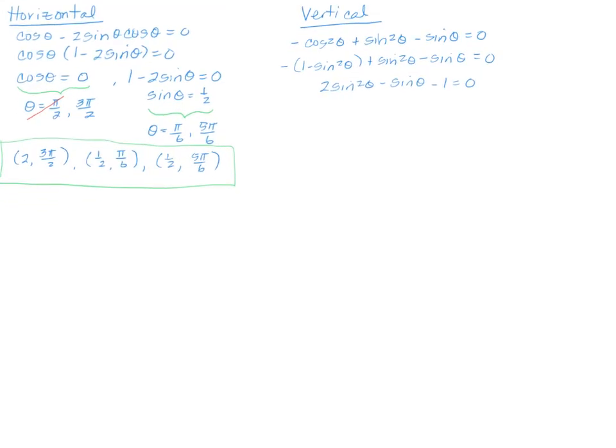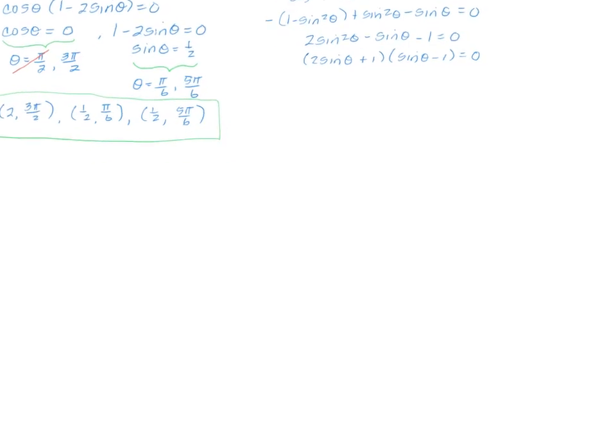That looks like something I can factor into 2 sine theta plus 1 times sine of theta minus 1, and then set each of these factors equal to 0 and solve for theta values from 0 to 2 pi. Let's see what we get.